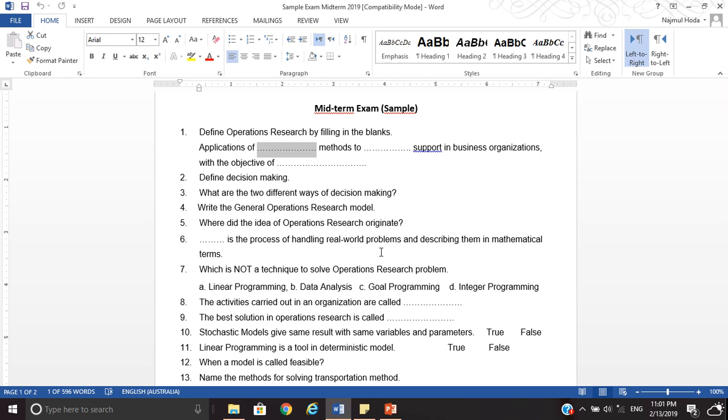Okay, so let's start the first answer. Define operations research by filling in the blanks.